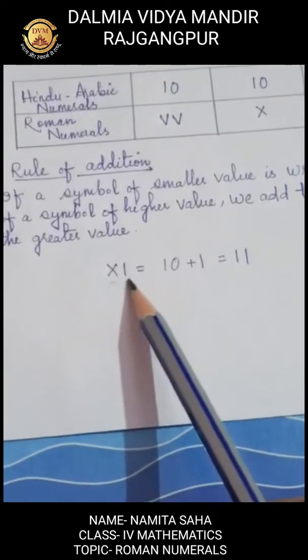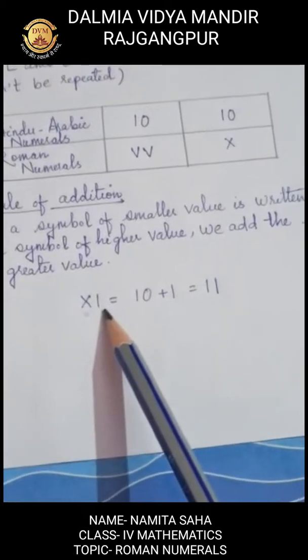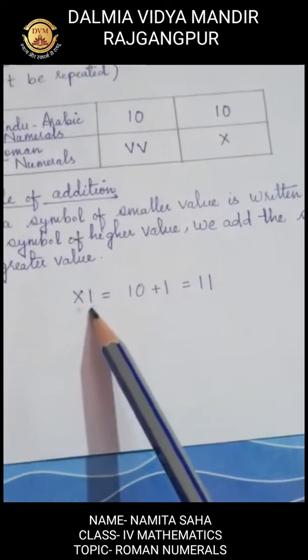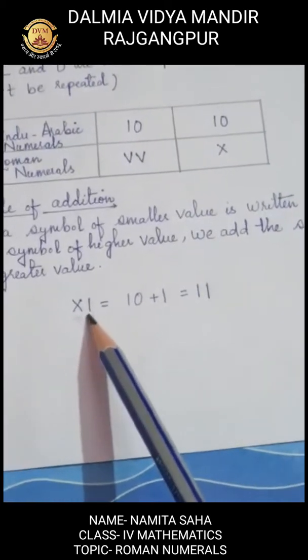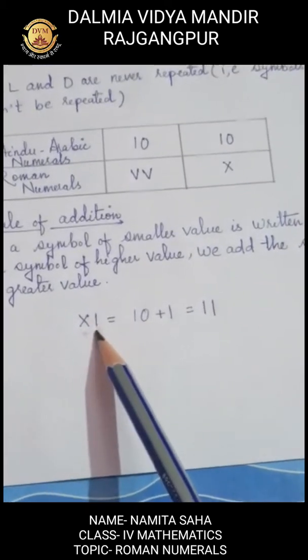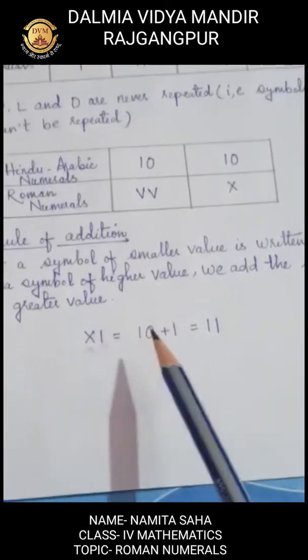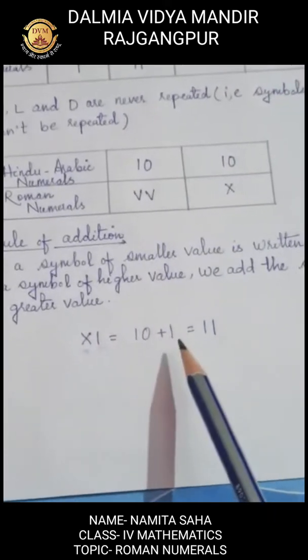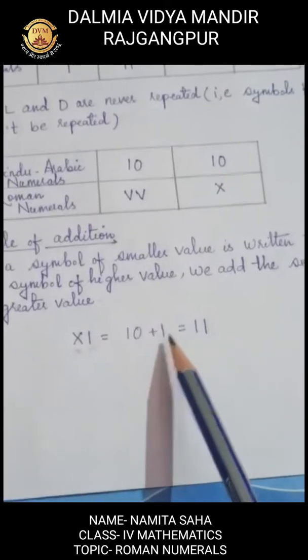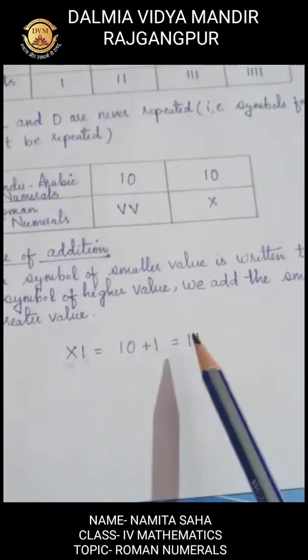They are X and I. X is the greater value and I is the smaller value. So the smaller value is present to the right of the greater value. So I will be added to X. X has the value 10, I has the value 1. So 10 plus 1 gives us the Hindu-Arabic number 11.